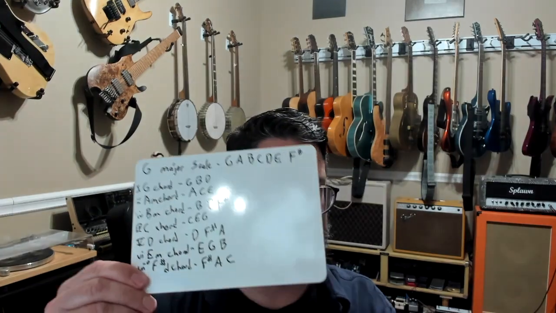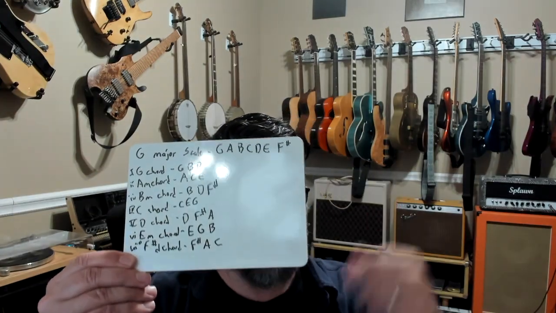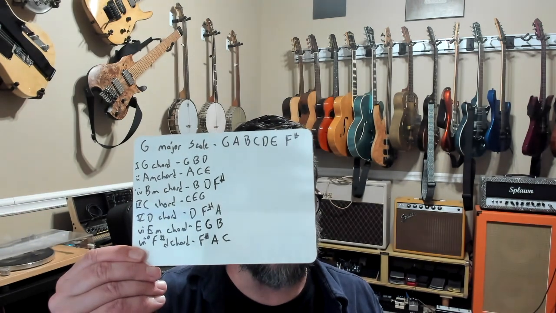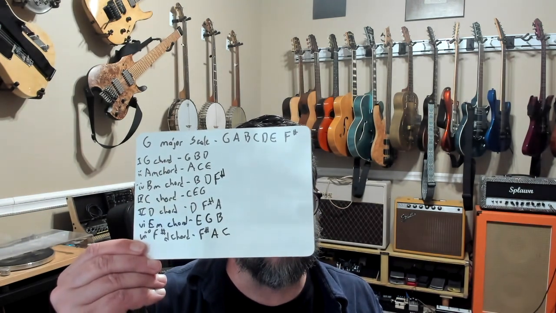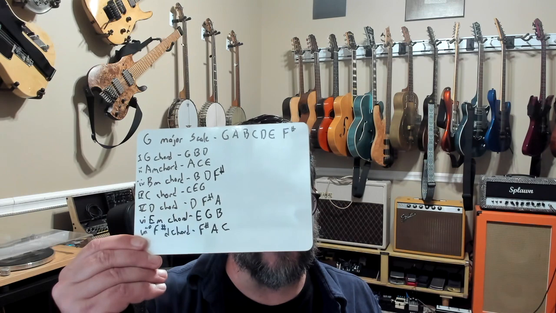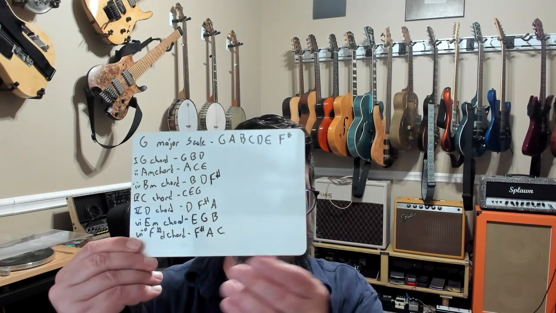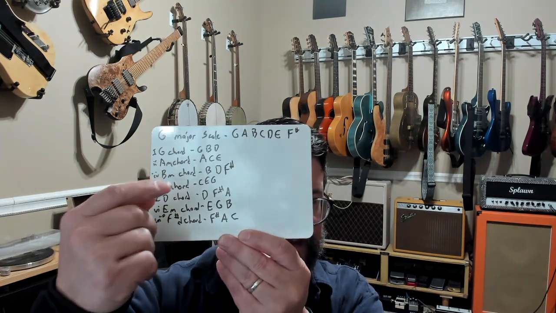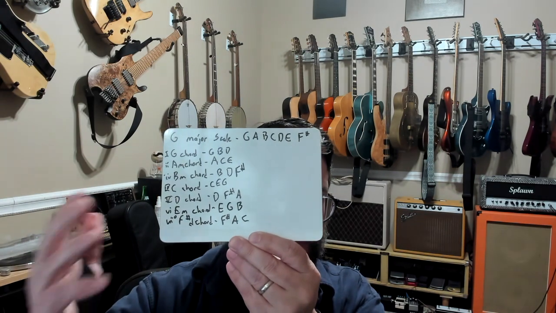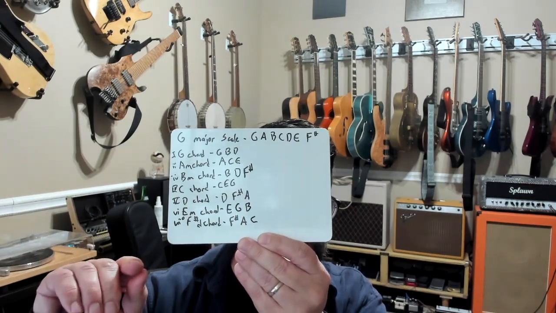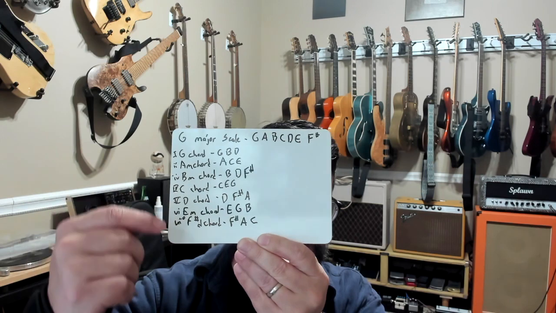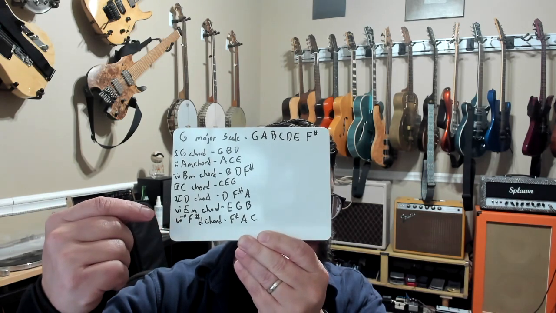So back to this, if we look at those chords, our 1 chord is a G chord, and you'll notice it has a G, a B, and a D. A minor has an A, C, and E. You can figure out what those notes are going to be because it's the first, third, and fifth note from the scale. So you just start on B minor.